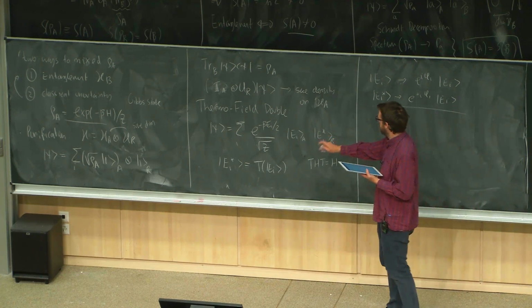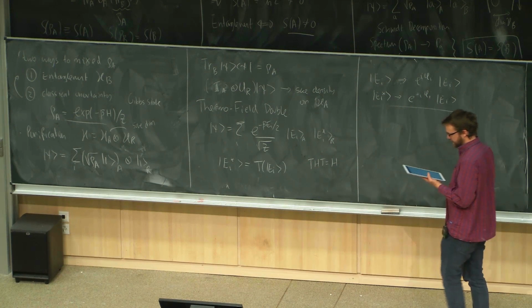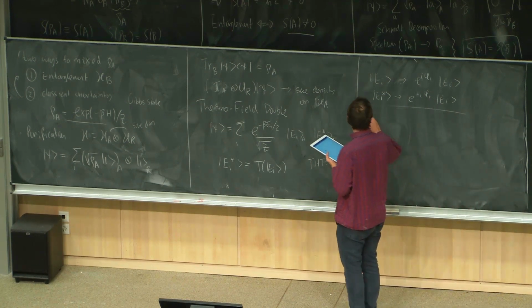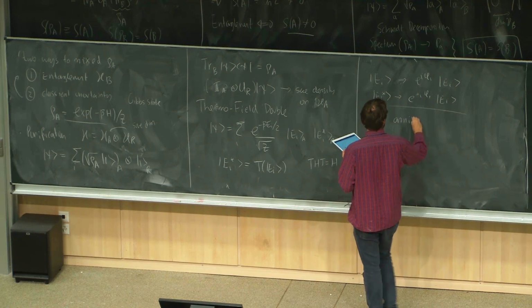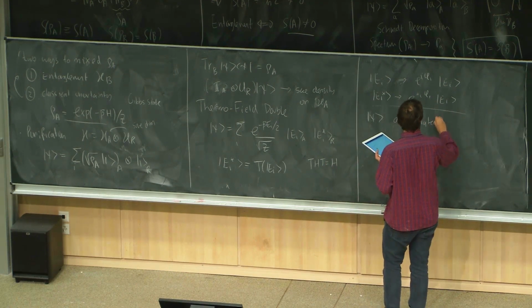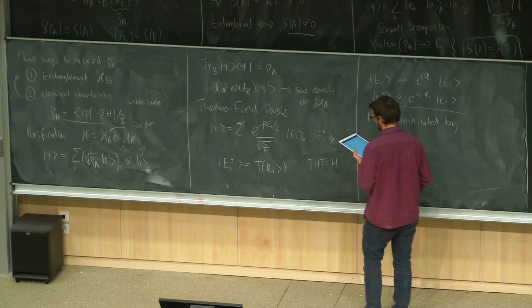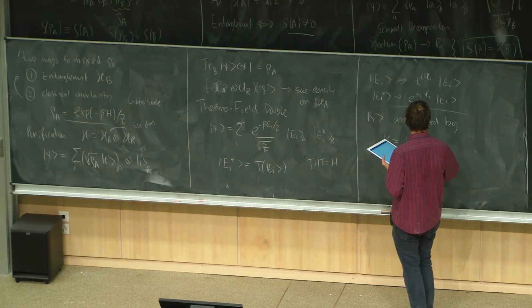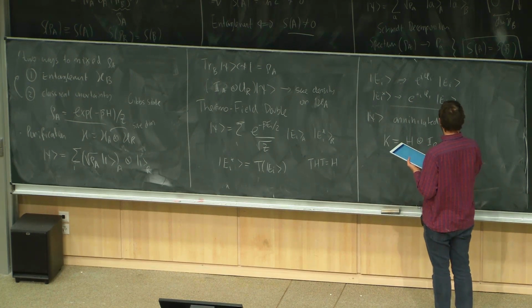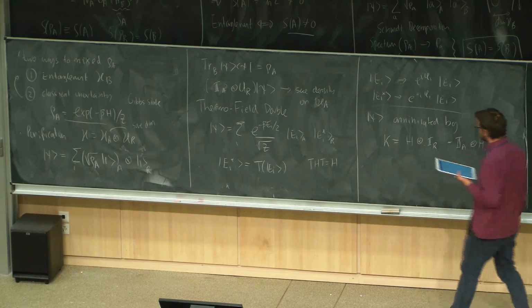But before I do that, one thing to note about this state, this thermofield double state, is that it's invariant, or actually annihilated, by some operator, which I'll call K, which is the Hamiltonian acting on the A Hilbert space minus the Hamiltonian acting on the reference.